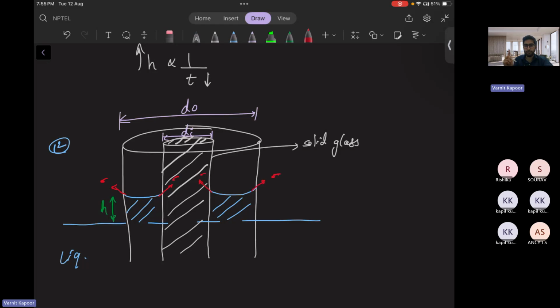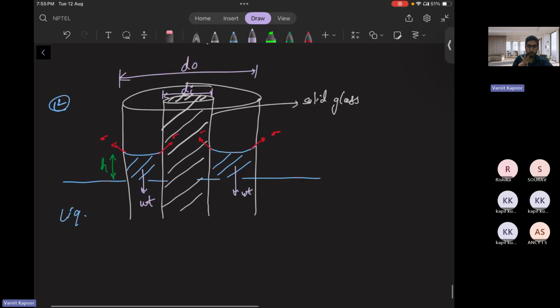So one surface tension is acting on the outer diameter, sigma into pi d naught, surface tension force, and in the inner diameter, sigma. And there will be weight acting. This is not 2 times of weight. This is a single weight only. Just to represent that, I'm showing like this.